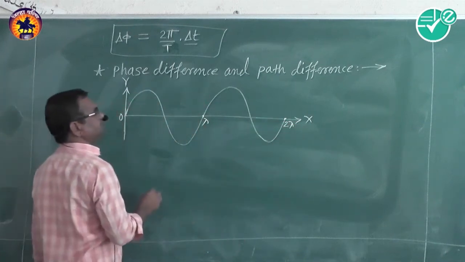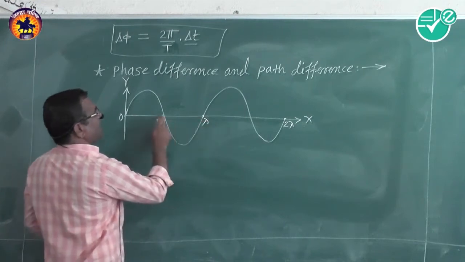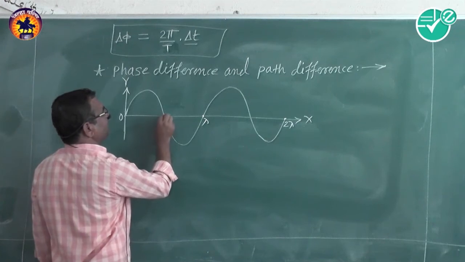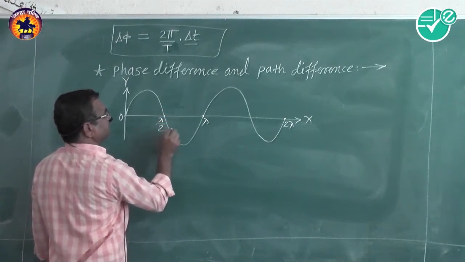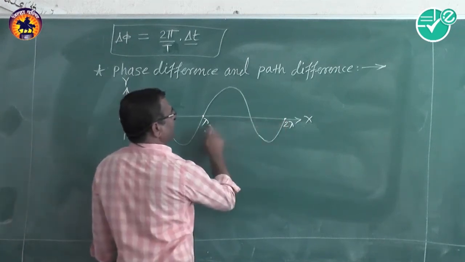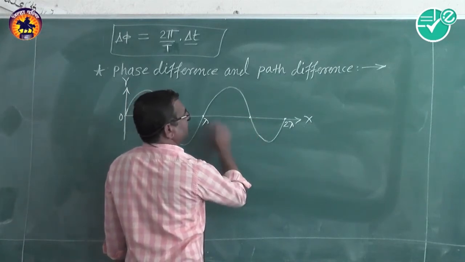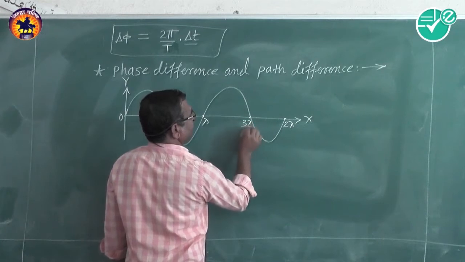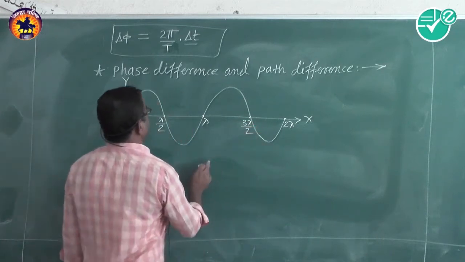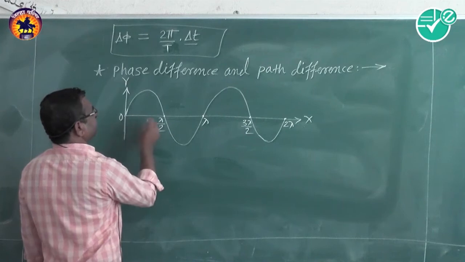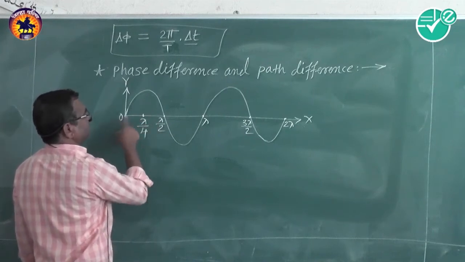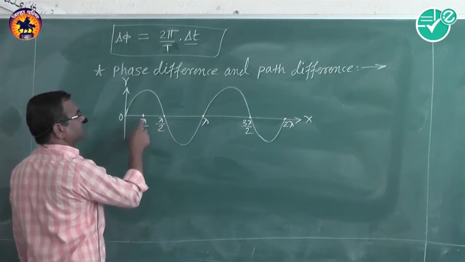lambda. If we consider the center, half of this, this point is lambda by 2. Again half of this point is lambda plus 2 lambda, which is 3 lambda by 2. Then half of lambda by 2, divided by 2, is lambda by 4.